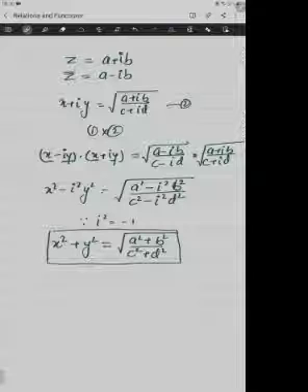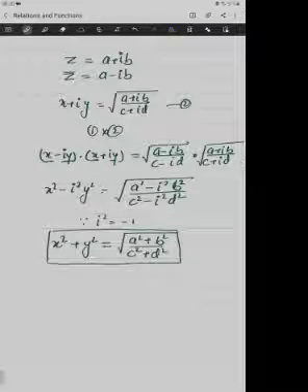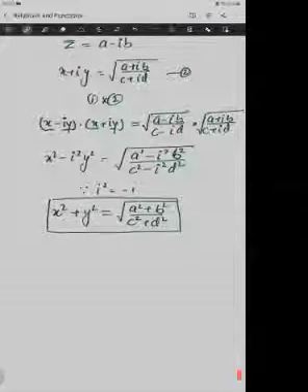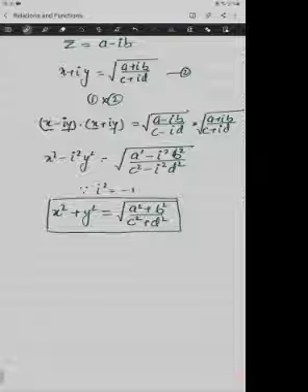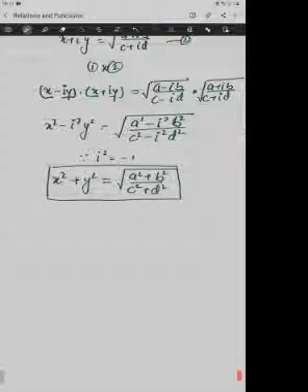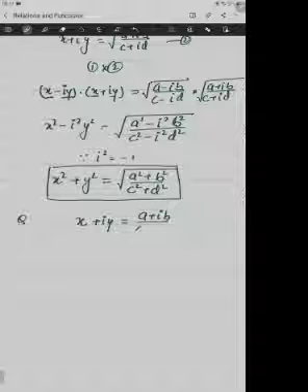This question could be done with another method also, but right now, the first method I was teaching you. So that is this, and I feel this is one of the very easy methods. Now, based on this, I'm giving you a question which you need to try. x plus iy is equal to a plus ib upon a minus ib.